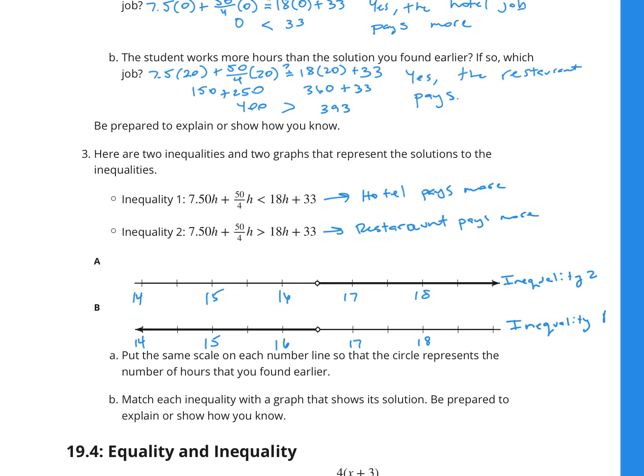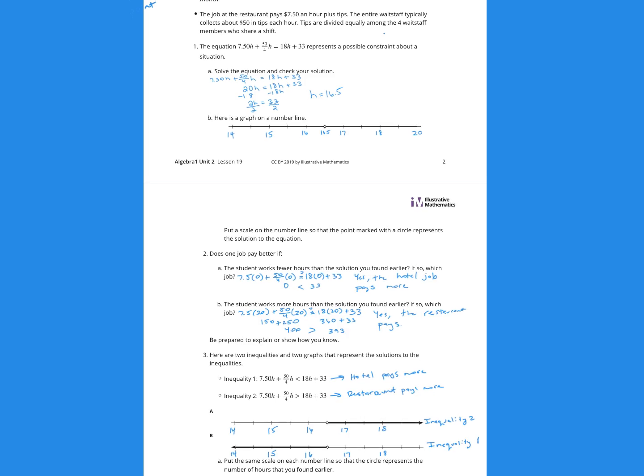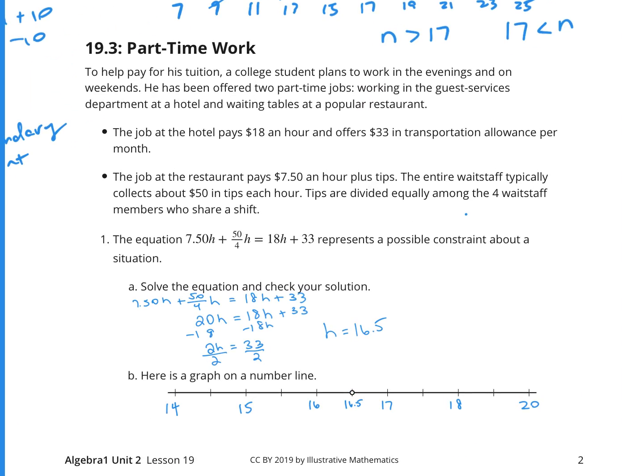So in general, we're comparing the pay rates for the hotel and the restaurant. We could simplify the restaurant to just be 20H, right? Which we kind of did right here. So we're comparing $20 an hour versus $18 an hour.